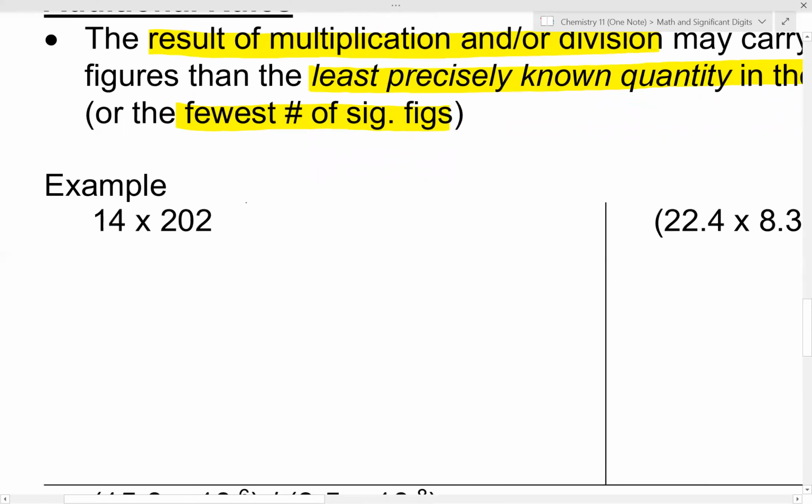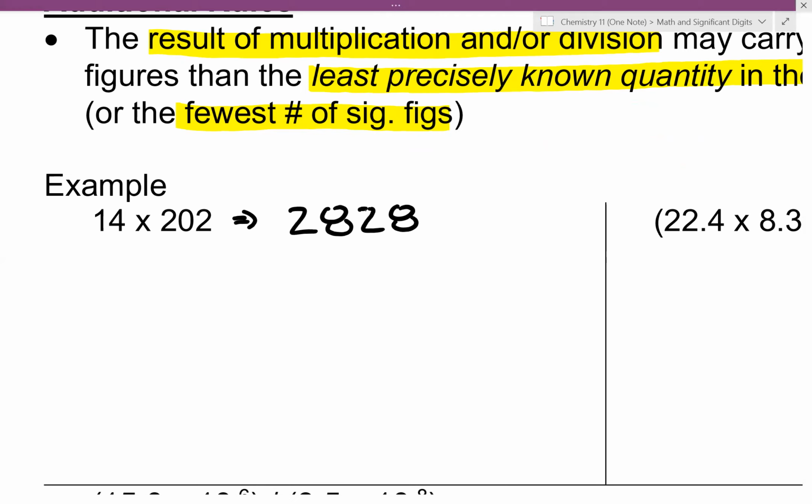14 times 202. If you were to punch that into your calculator, you would go 14 times 202. So what you get is 2828. Now, back in grade 8, grade 9, grade 10, that was basically it.